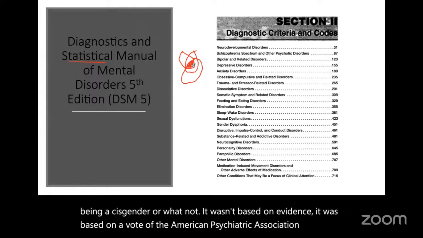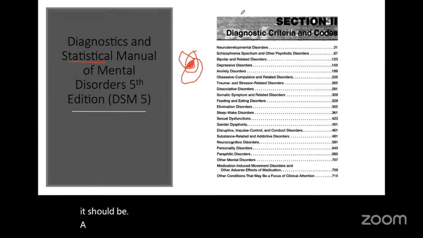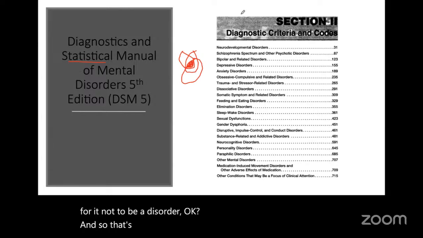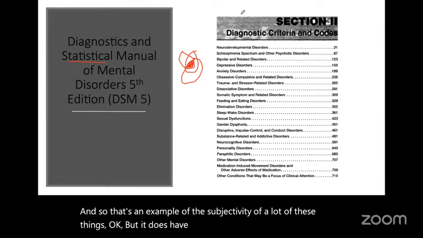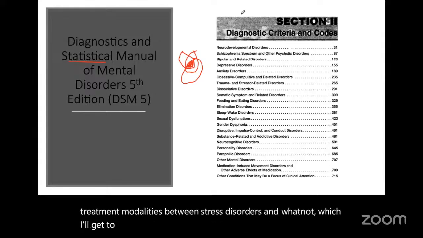Each individual psychiatrist basically put in their vote whether they think it should be a disorder or not. And just to let you know, not all psychiatrists voted for it not to be a disorder. Okay. And so that's an example of the subjectivity of a lot of these things. But it does have some value, and it does help us guide treatment modalities between stress disorders and whatnot, which I'll get to here in just a minute.